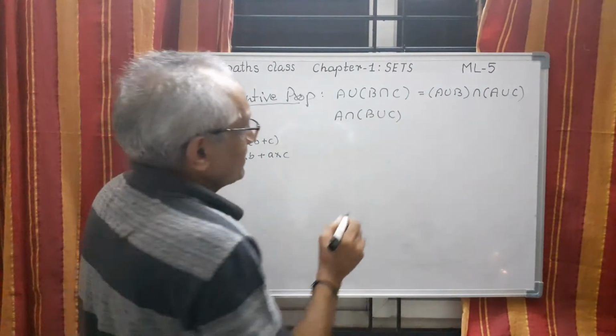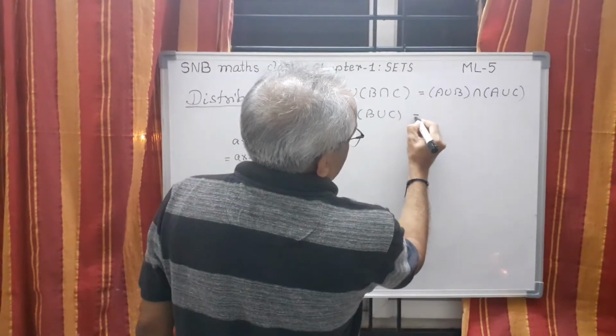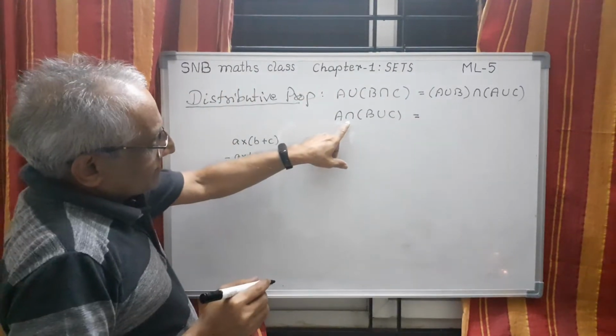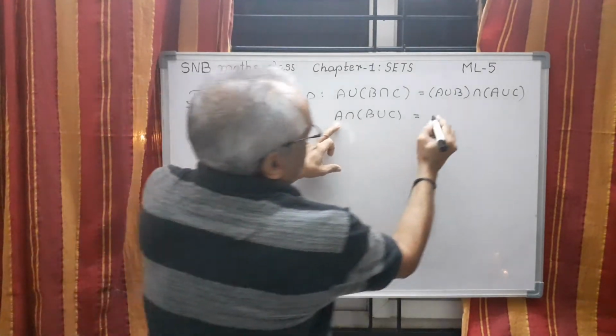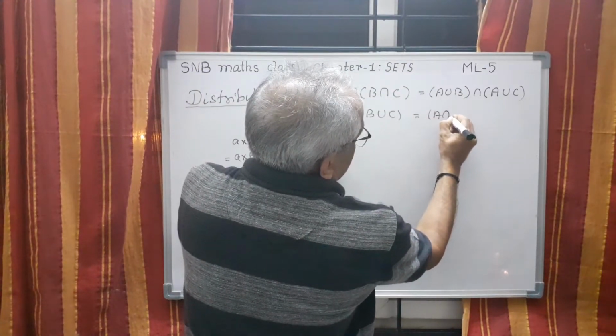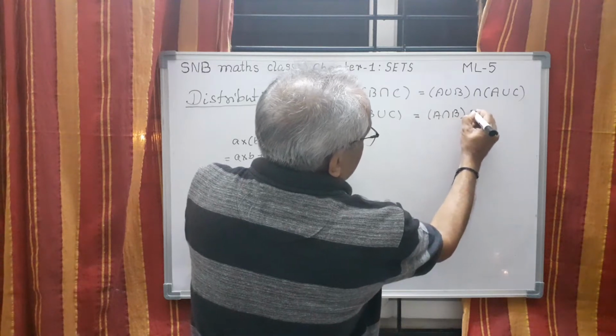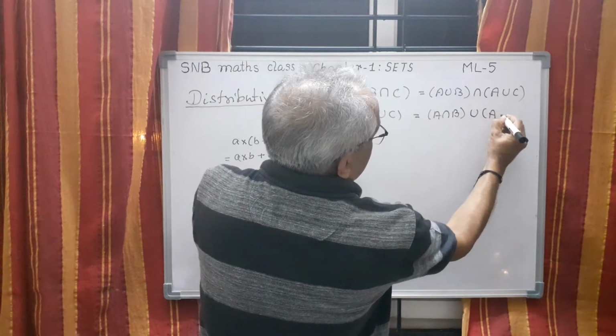That is easy. Similarly here intersection, here union: A intersection B, then union, A intersection C.